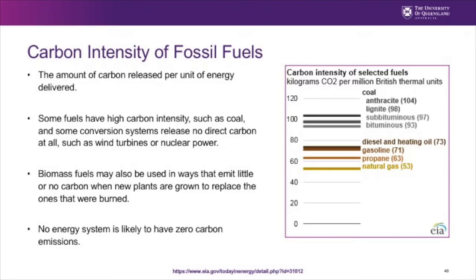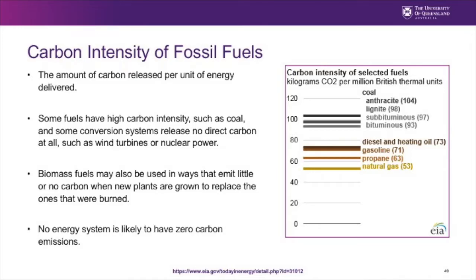From this, we can also talk about wind turbines or nuclear power. We can also have a balance of carbon if we consider, in the case of biomass fuels, that we can grow new plants that will uptake this carbon, and then we can reduce the amount of CO2 that is being emitted to the atmosphere.